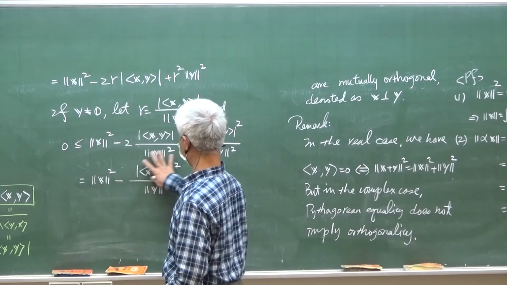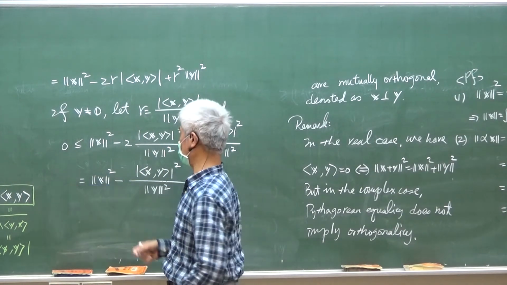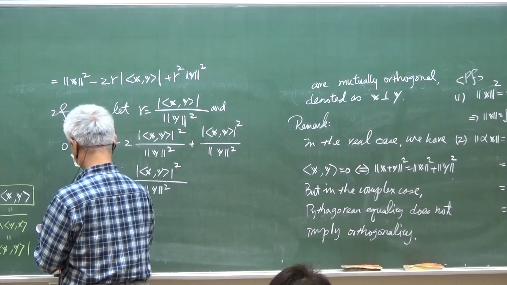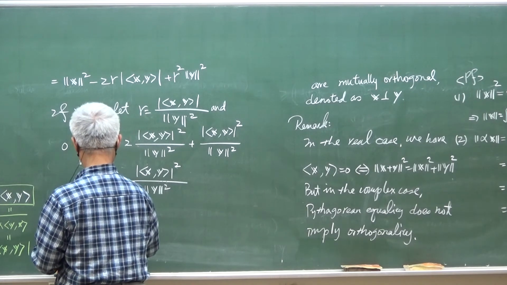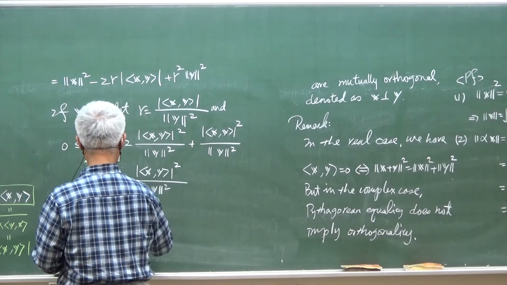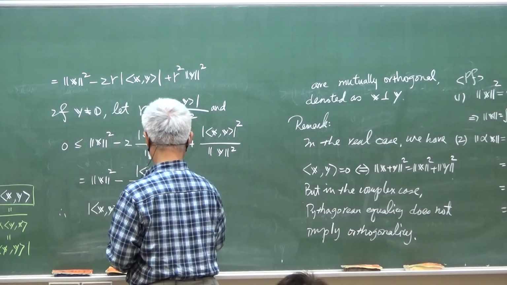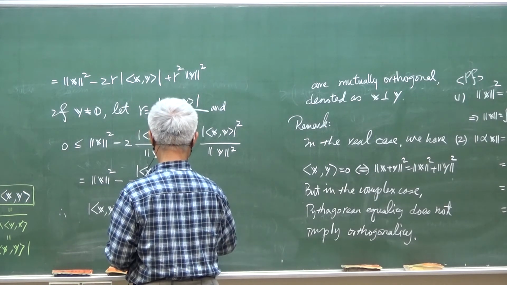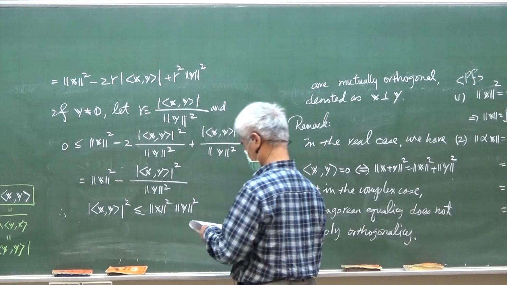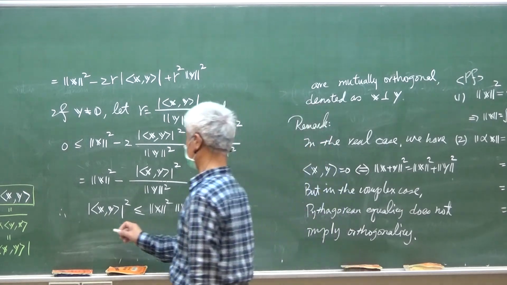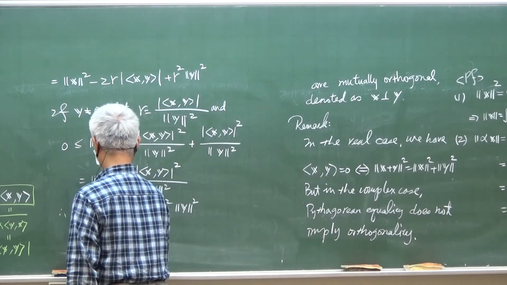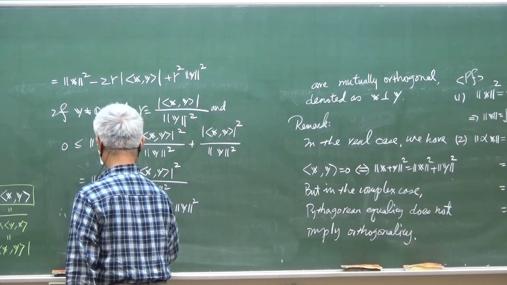Then you move this term to the other side, so we have the squared absolute value of the inner product less than or equal to the product of the squared norms, and by taking the square root, we have the Cauchy-Schwarz inequality.